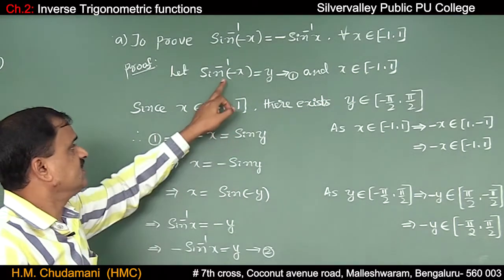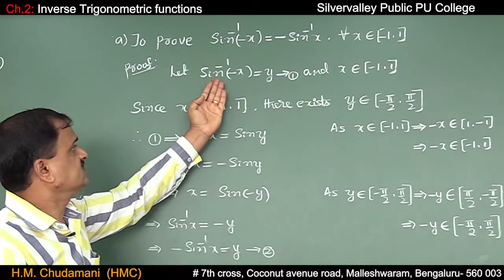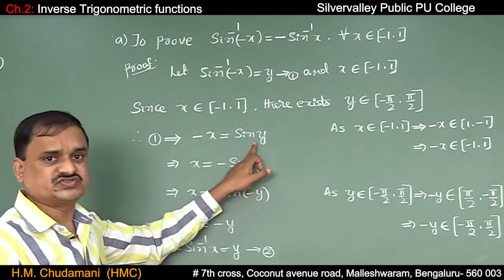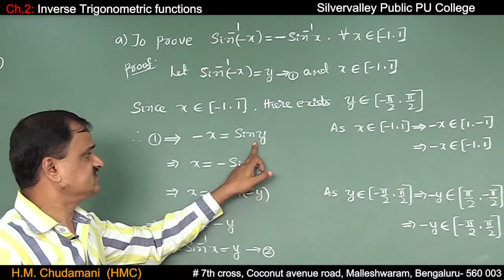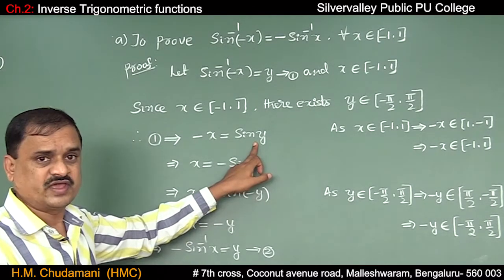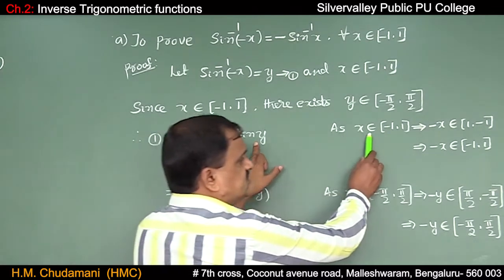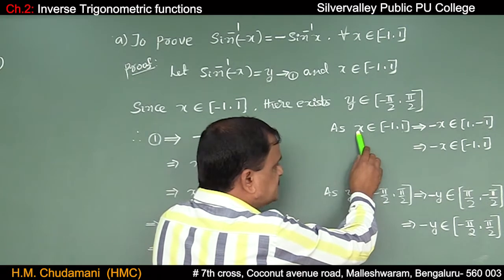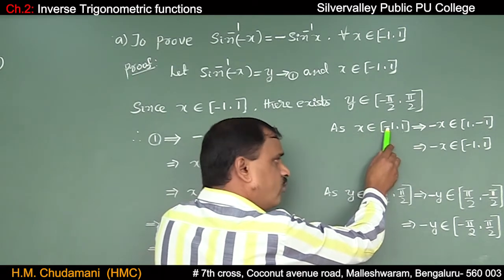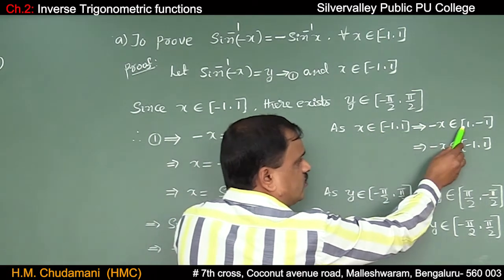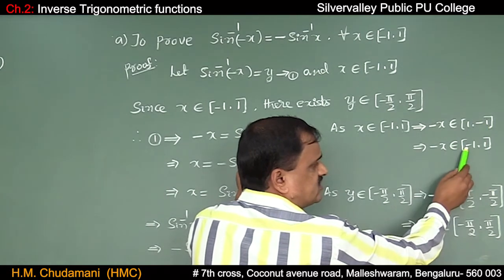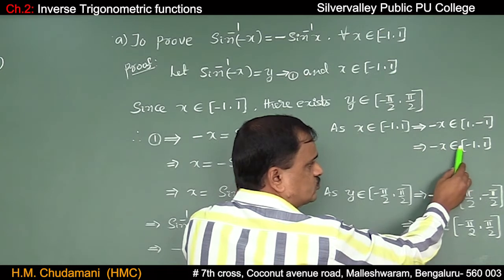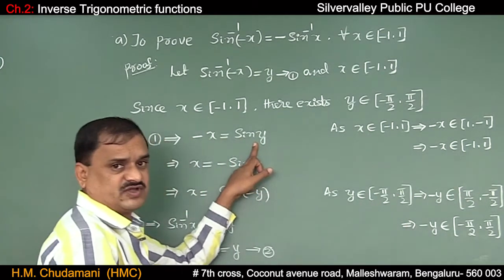So equation 1 can be written as minus x is equal to sin y. Why? Because x belongs to minus 1 comma 1, so minus x belongs to minus 1 comma plus 1, since multiplying by minus 1 gives the same interval.